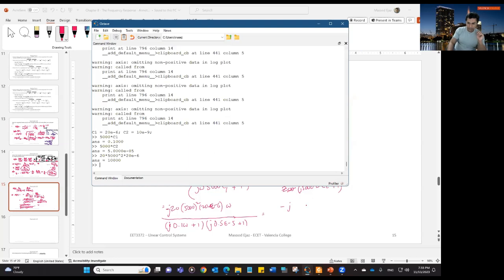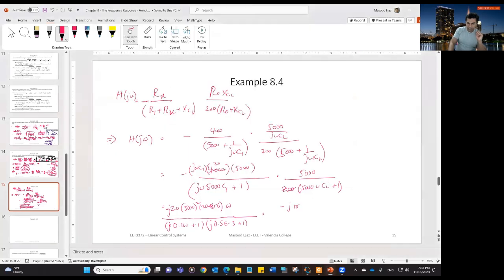So 10,000, so negative j 10,000 omega over. I'm going to pull this outside... no, actually, I don't have to pull that outside. I'm going to write this down as 1 plus j omega over 10. 1 over 10 is going to be 0.1.